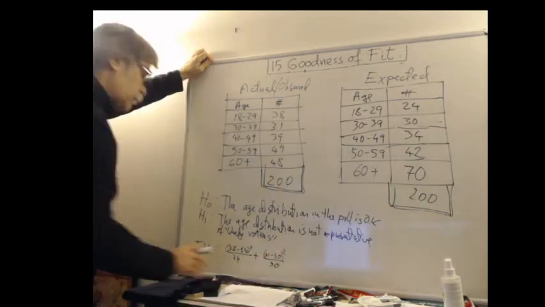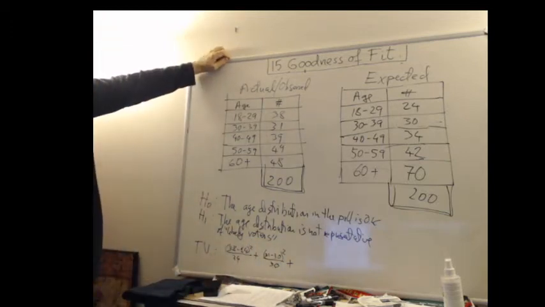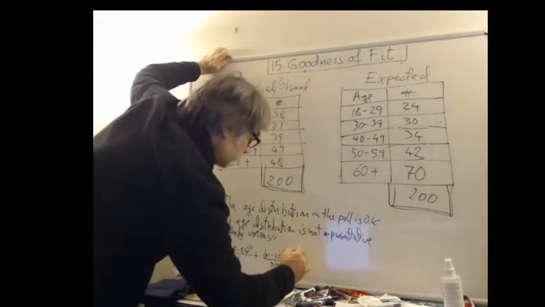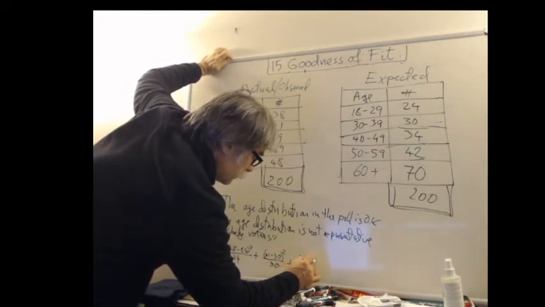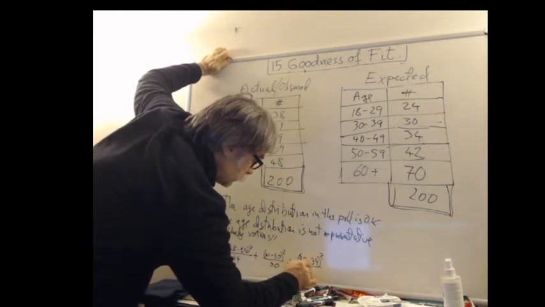The next one is 39 minus 34, that's 5, right? Divided by 34.